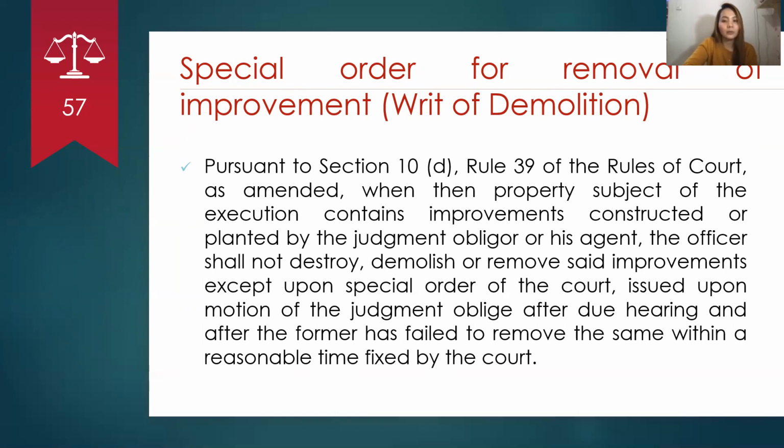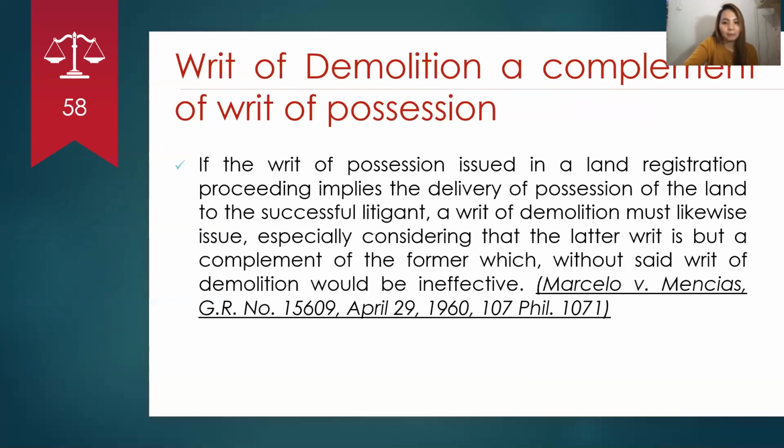And this order may be granted only upon motion of the plaintiff with notice and after hearing and upon the defeated party's failure to remove the improvement within the reasonable time given him by the court. Next slide, please.